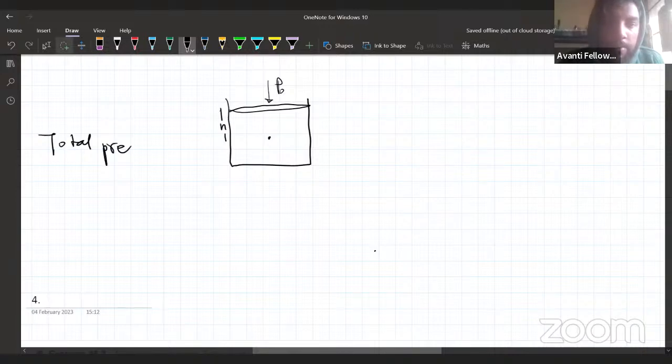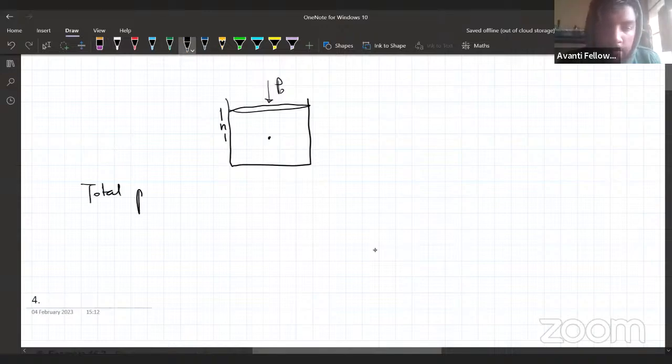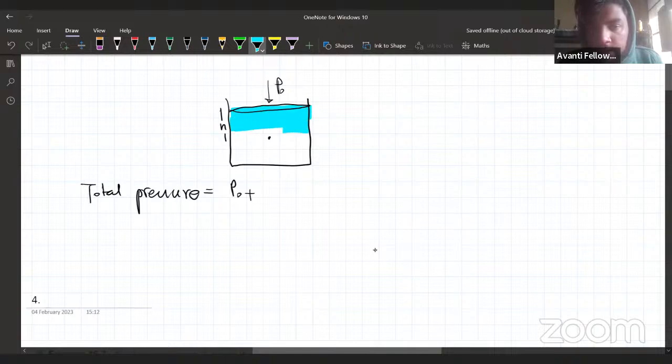Total pressure is equal to the pressure at the top, which is P naught, plus the pressure due to this much of liquid.